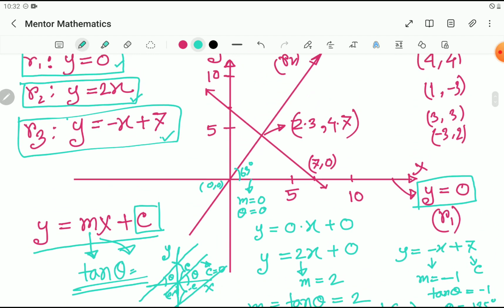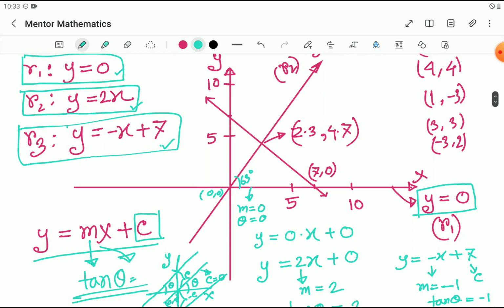draw it, but the thing is, what would be the intersect points in between R2 and R3 here, and R1 and R3. Especially we need to know this point. Okay, we have to find out this point.